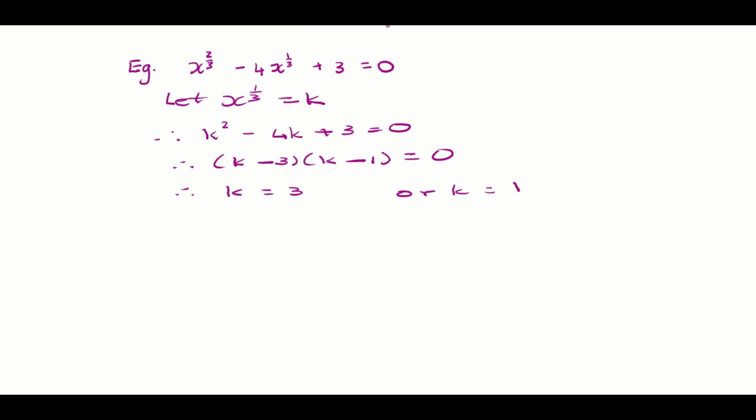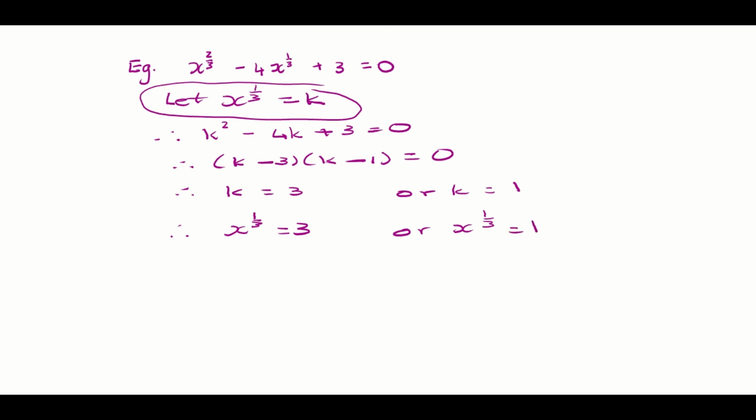But notice we were not asked to solve for k, we were asked to solve for x. So I've got to go back to the step where we had let x to the power of 1/3 equal k, and now I've got to substitute k with x to the power of 1/3 and then solve. x to the power of 1/3 is equal to 3, or x to the power of 1/3 is equal to 1.